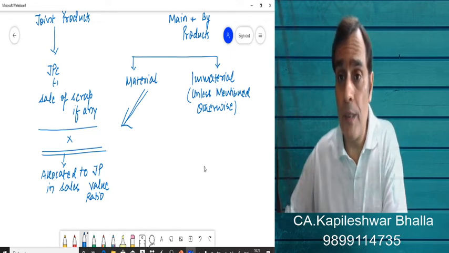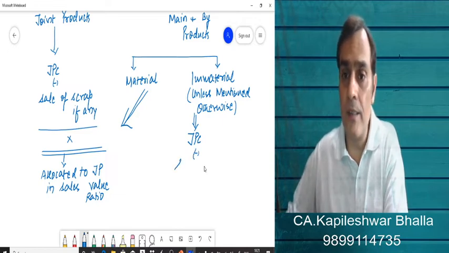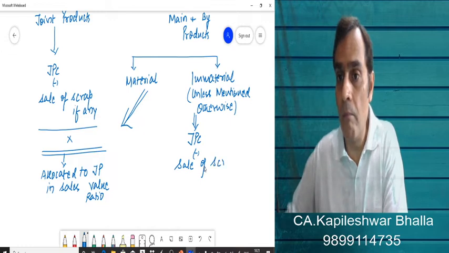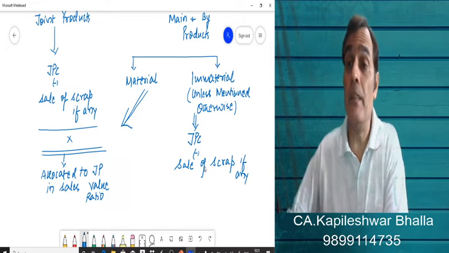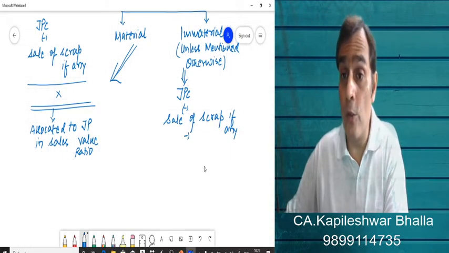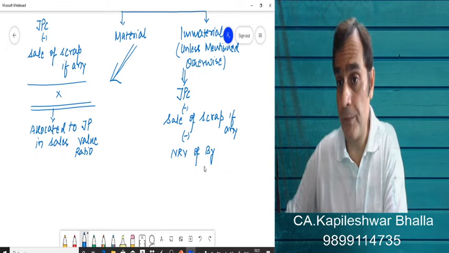But when it comes to the case when it is immaterial in nature, we would consider the JPC minus the sale of scrap, if any, which of course may or may not be given in the question. And from this, we will also reduce, remember, not the selling price, but the NRV of the byproduct.